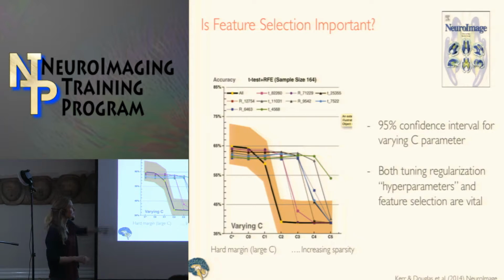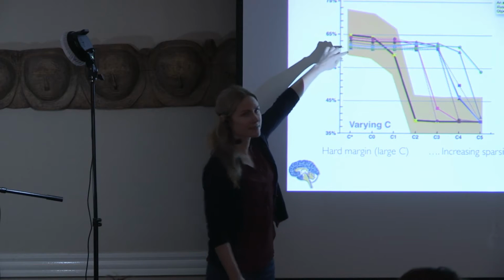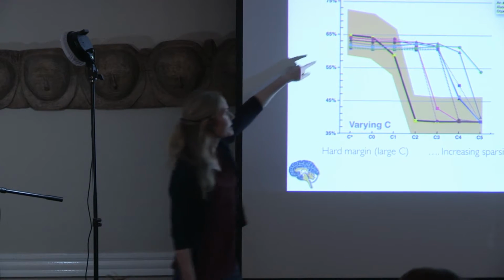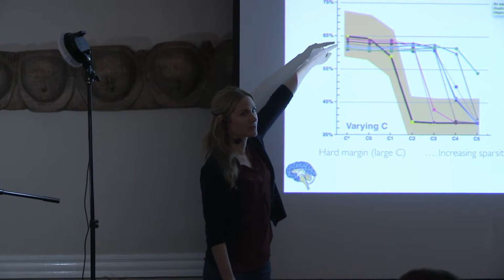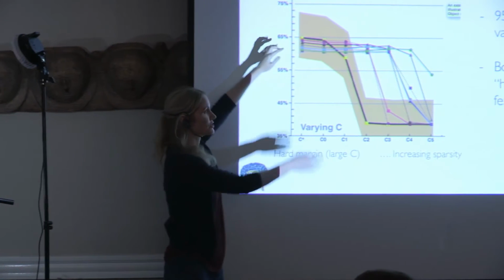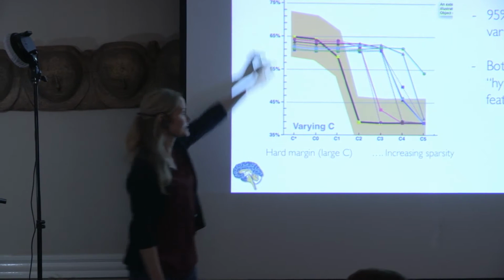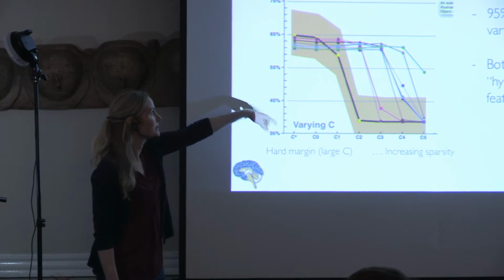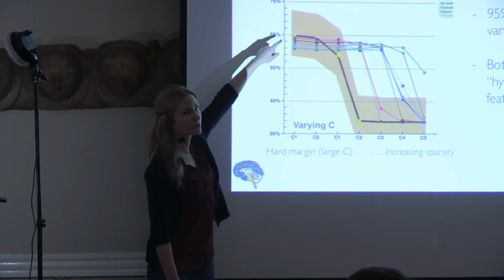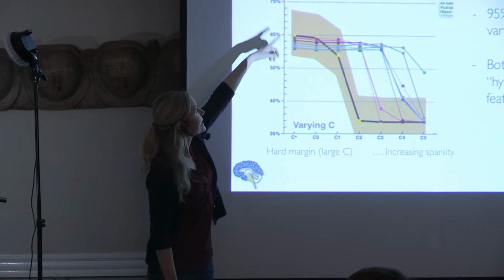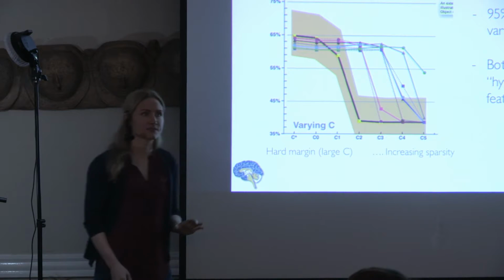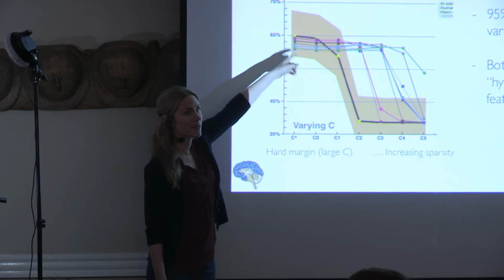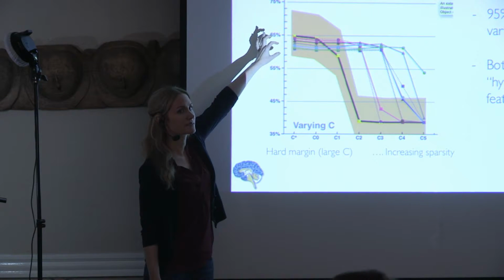And so I find this interesting because he came to the conclusion that feature selection didn't really help because technically using all the voxels did overall achieve the best accuracy. But if you overlay a 95% confidence interval here, you'll see that these other approaches using, say, 6,000 voxels as opposed to maybe 100,000 performed almost as well and within the 95% confidence range.